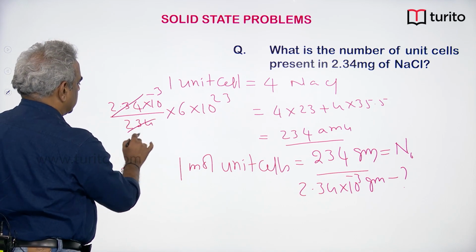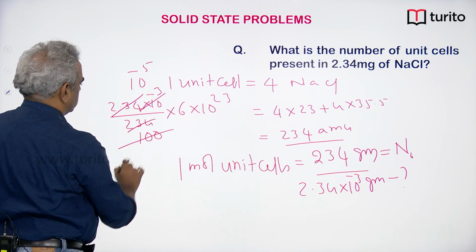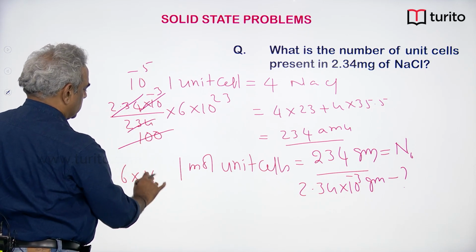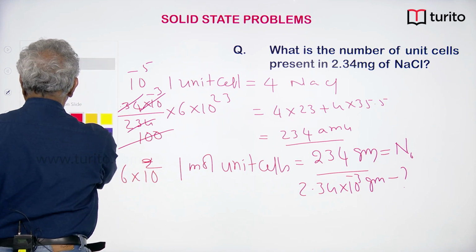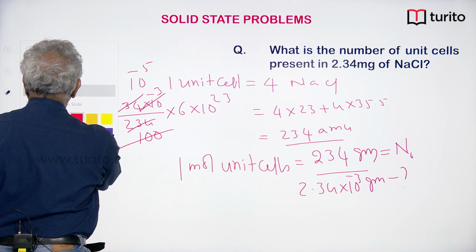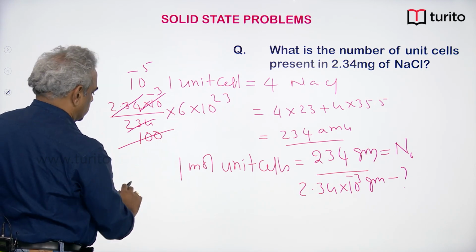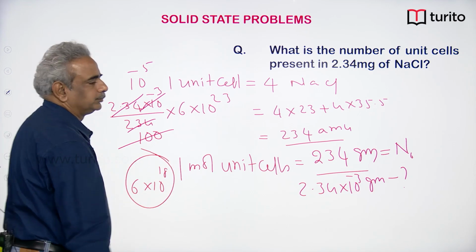So, this goes 100 times, this goes 10 power minus 5 times. So, 6 into 10 power, sorry, the answer is 6 into 10 to the power of 18 unit cells.